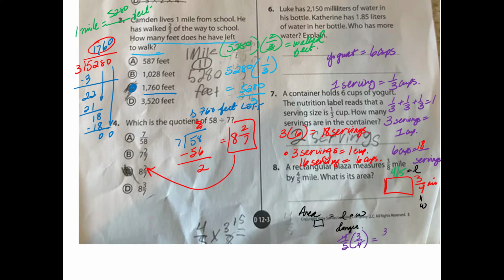That part cancels, so it's 3/5. That's your area. Okay. So area equals 3/5 miles square. Are we good? Okay.